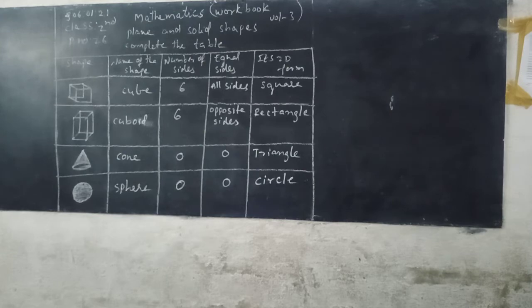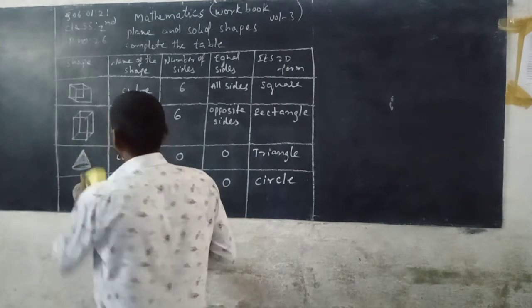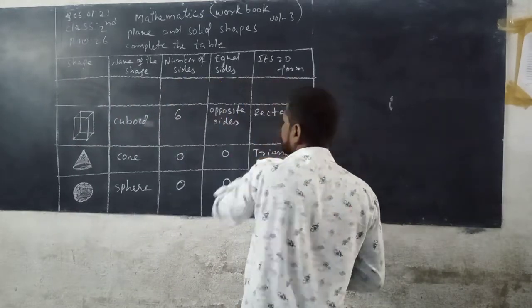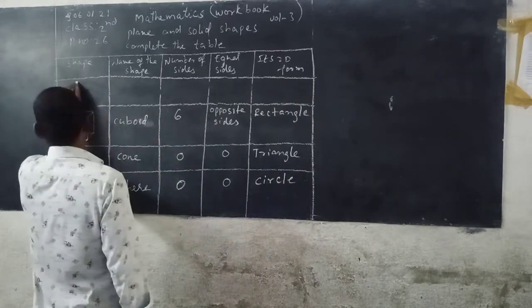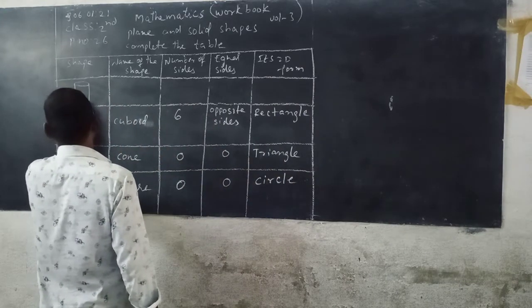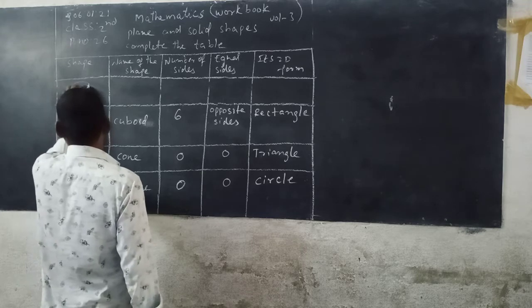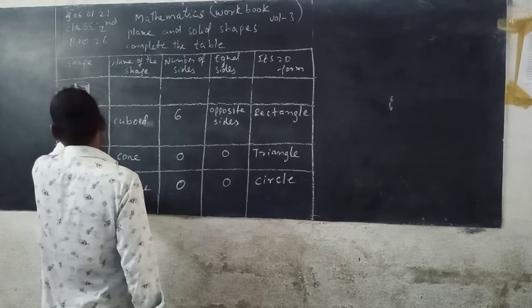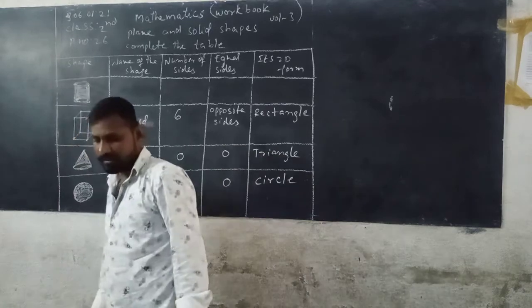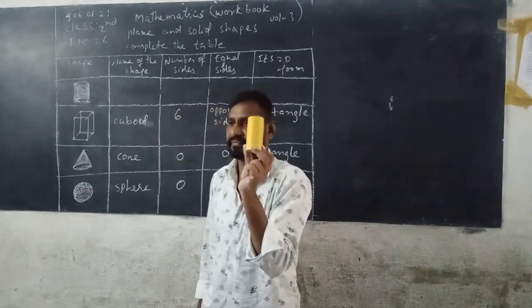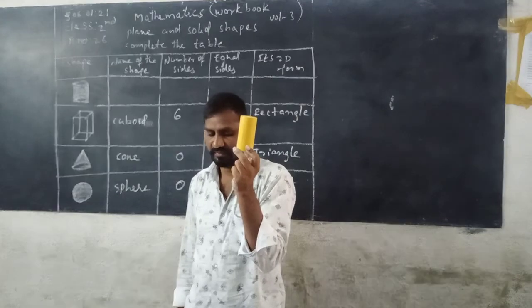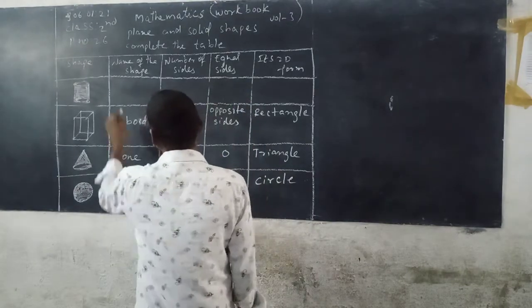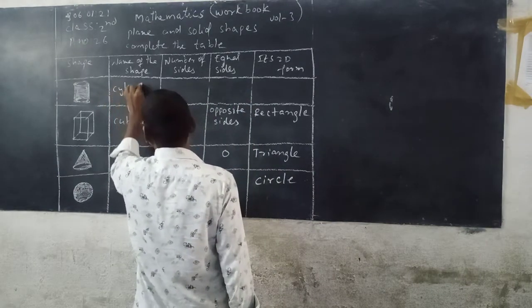Next, last one, cylinder. So this is cylinder. Here, the name of the shape is cylinder.